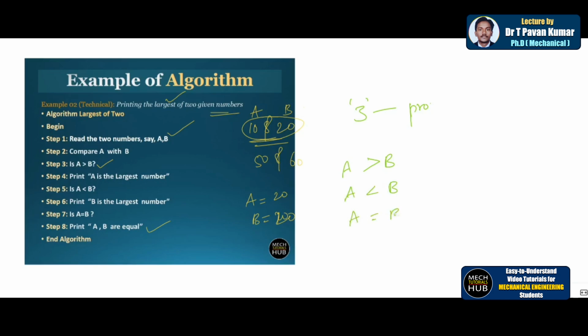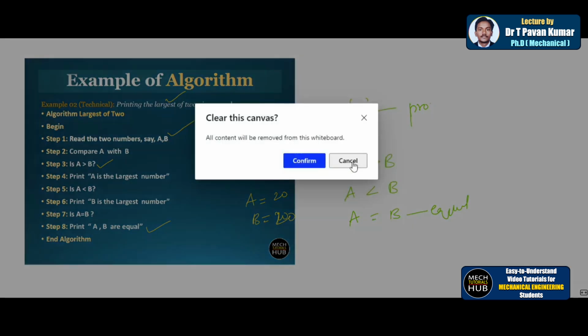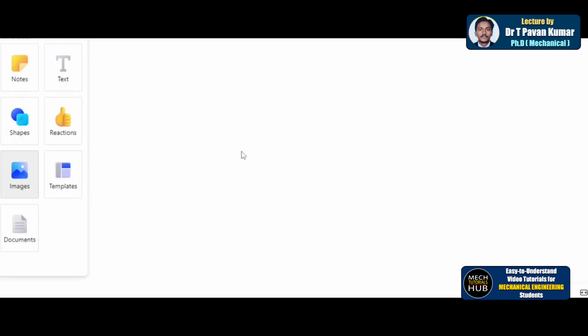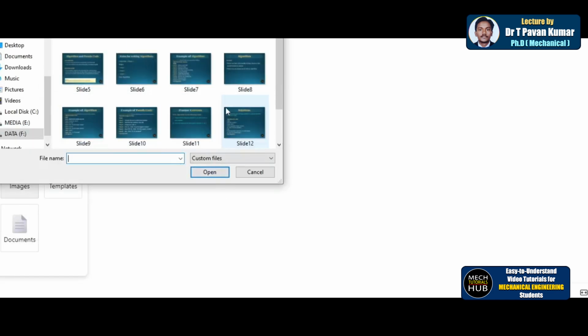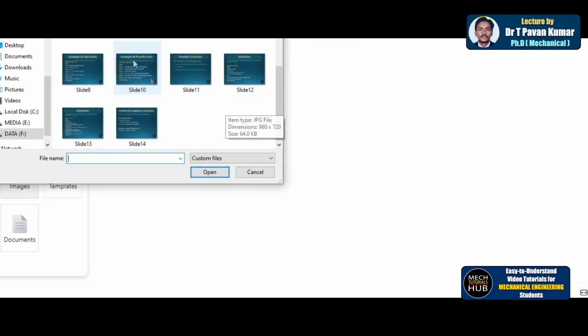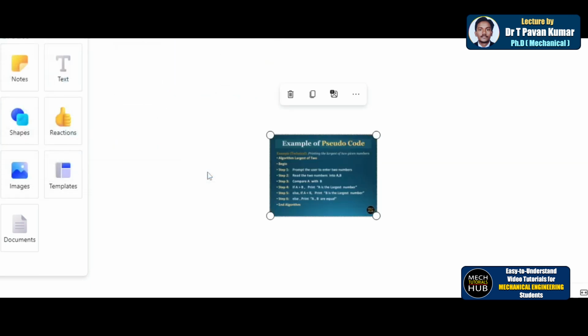If A is equal to B, then print A comma B are equal. This is how the communication is. Try to understand. Just for your understanding purpose, I have given a few examples here. Better you go through some more. I have given one more here.